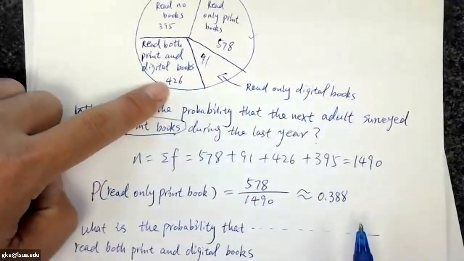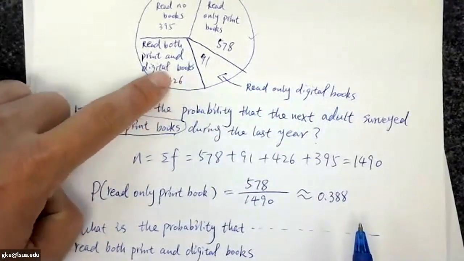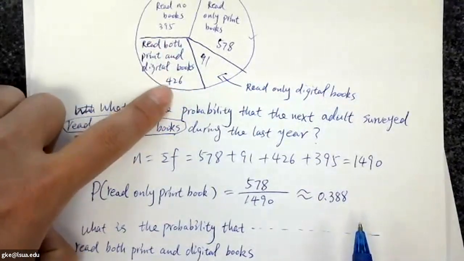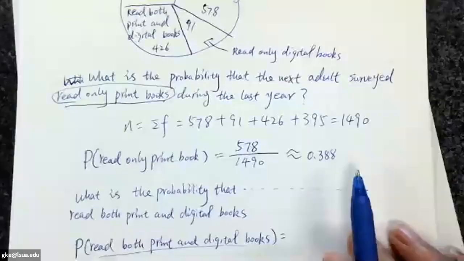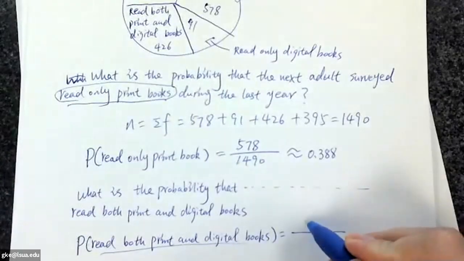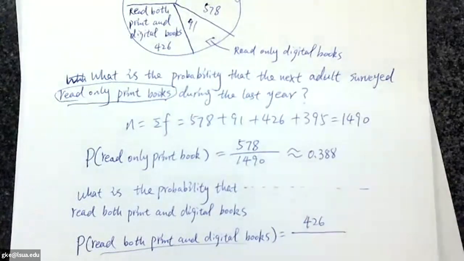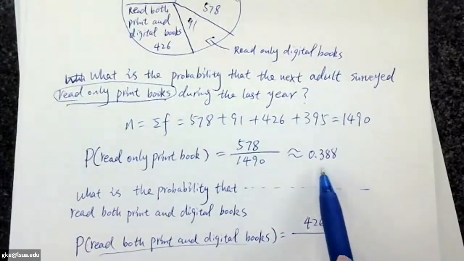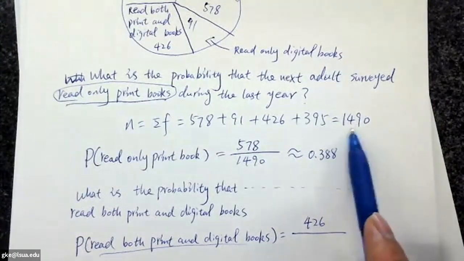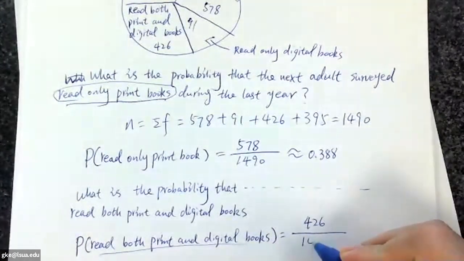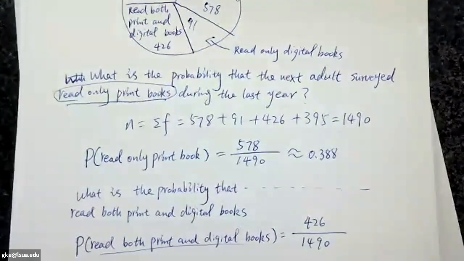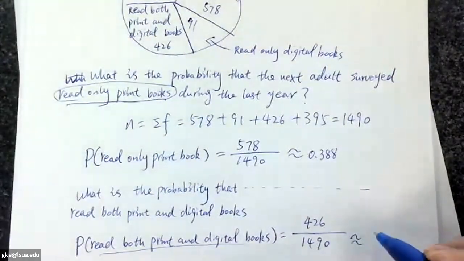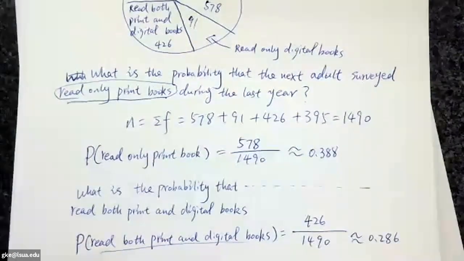The frequency of this event is 426. So we just use the formula: 426 divided by the total frequency, 1490. And the result is 0.286.